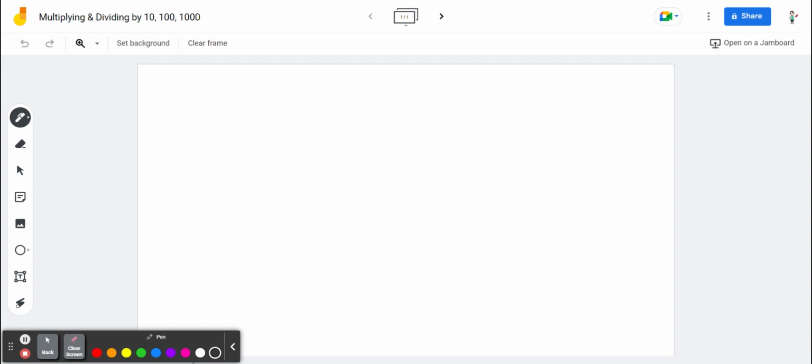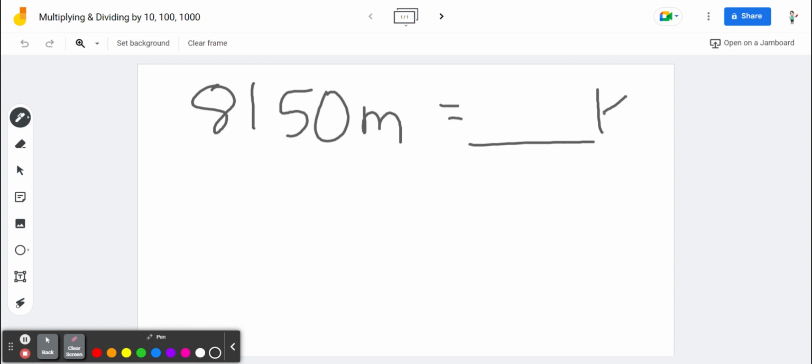And let's go from meters to kilometers. So let's say we have, I don't know, 8,150 meters. And I want to know how many kilometers that is. So think about your relationship, meters, kilometers. And we're going to divide by how many meters are in a kilometer?